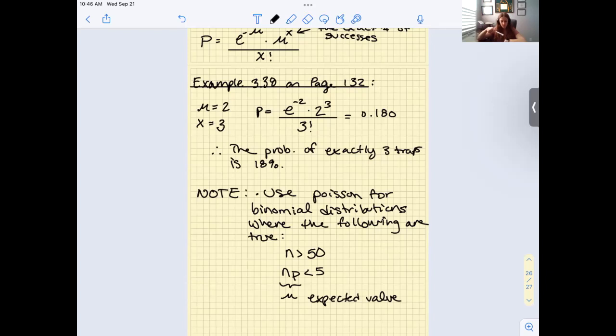And they'll say, now, knowing all these things, what's the probability of getting exactly X? And when they say that, that's how you know to do Poisson.